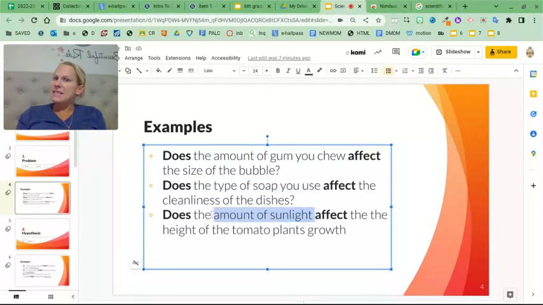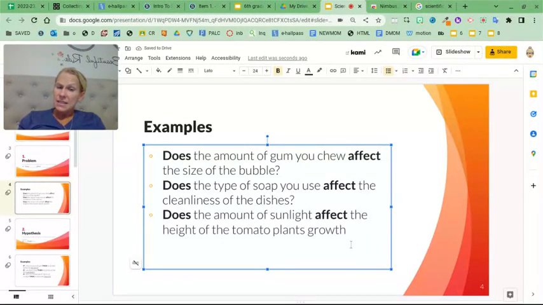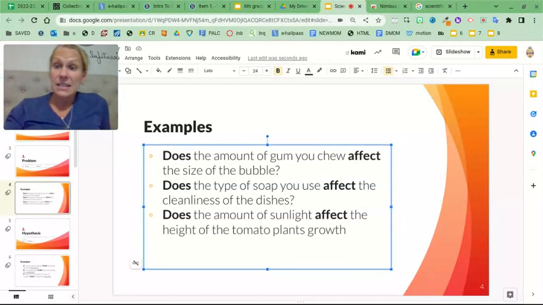And finally, the same trick. There's my independent. That means the last thing I have in this one is the height of the tomato plant. And if you haven't guessed by now, if the independent comes after the word does, the dependent comes after the word affect. It's what is affected by the independent.